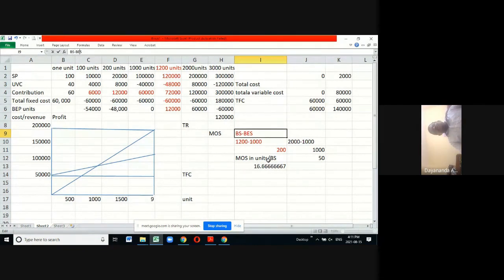What you can do is take the margin of safety in units, the MOS in units, divided by budgeted sales. When you multiply it by 100, you get a percentage. That's the margin of safety. So margin of safety provides a very good insight for you to take decisions about the competition, whether to take it seriously or not.